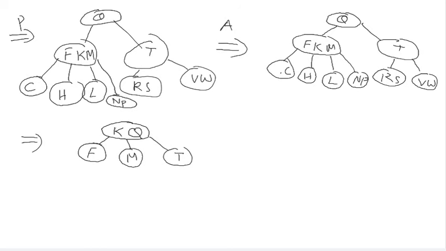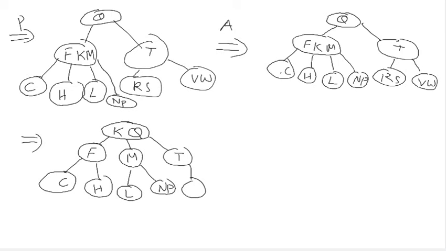Okay, A is inserted here. Next input is B. Insert B. B will go to this node.